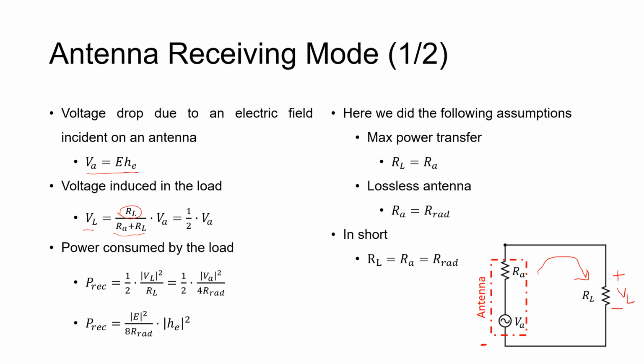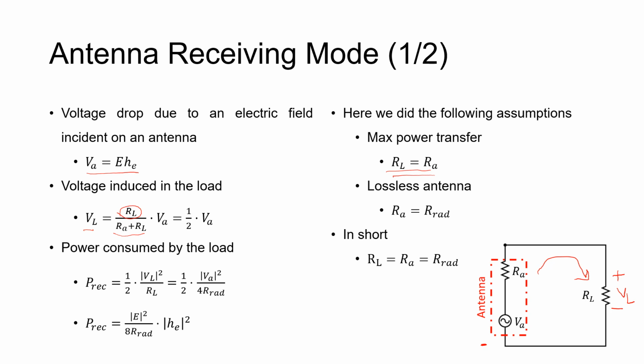Simply this will reduce to half of VA. And why? Because we are assuming maximum power transfer, meaning that RA equals RL. Then we want to calculate the power received. This is our interest.